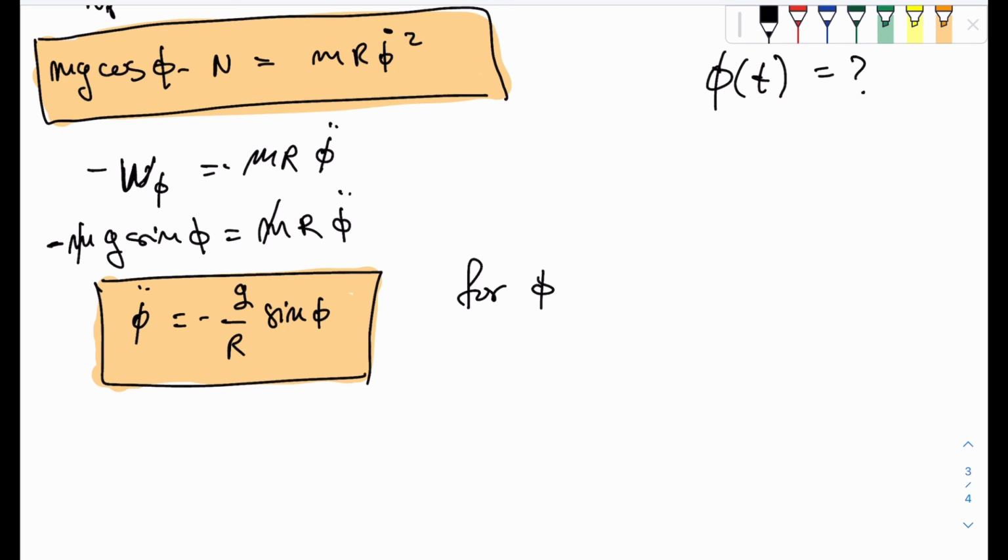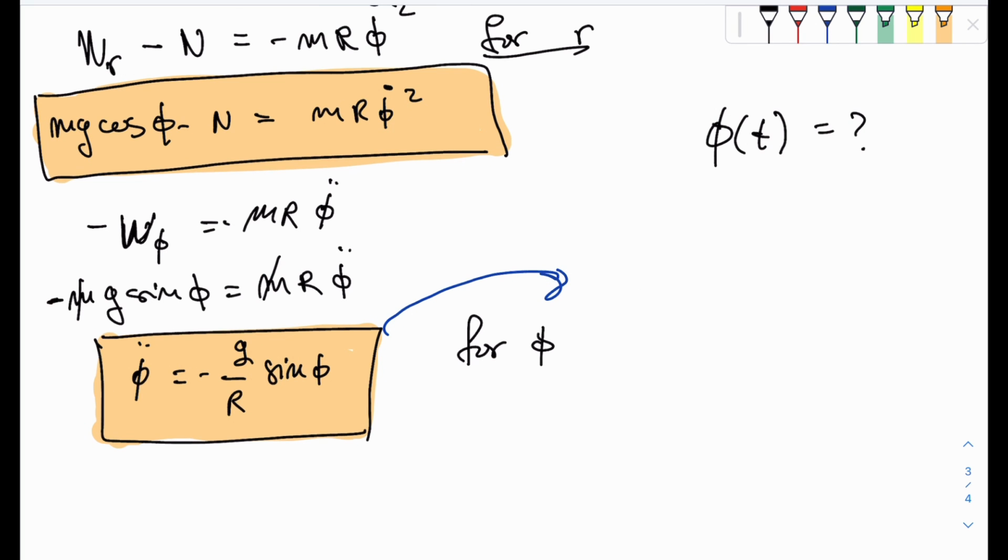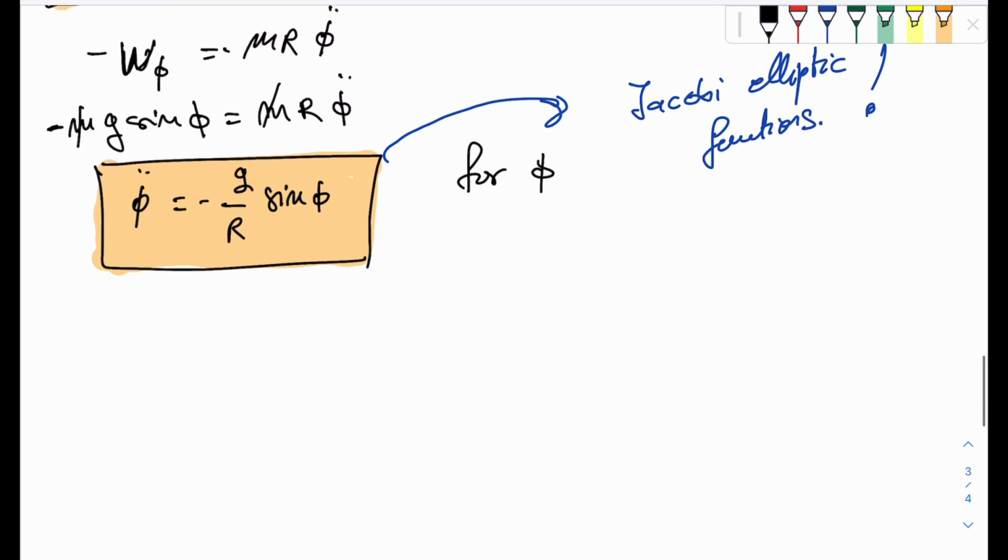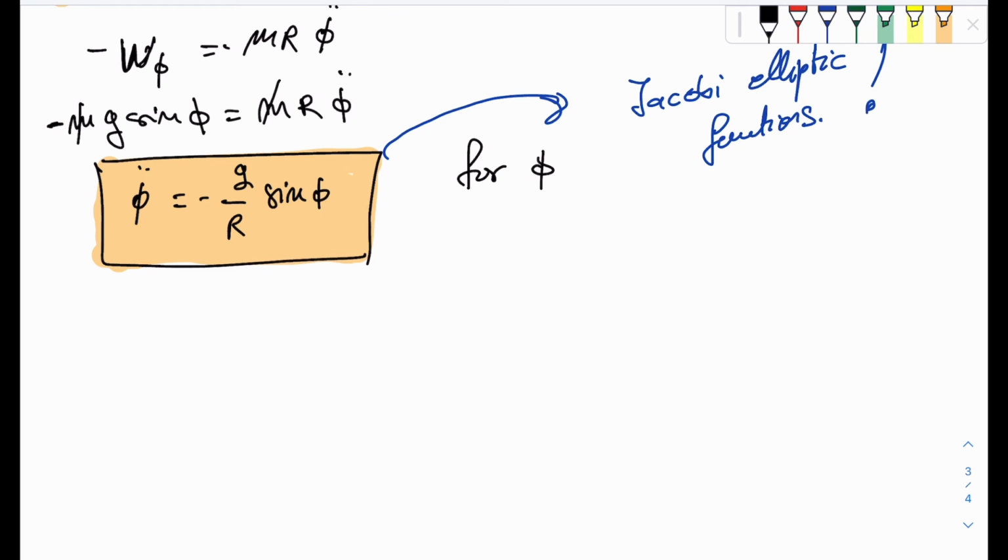You can solve it completely, but it requires knowing Jacobi elliptic functions. Here we are not going to use those kind of functions, but we are just going to approximate for small angles. For small angles phi, you can approximate the sine by the angle.